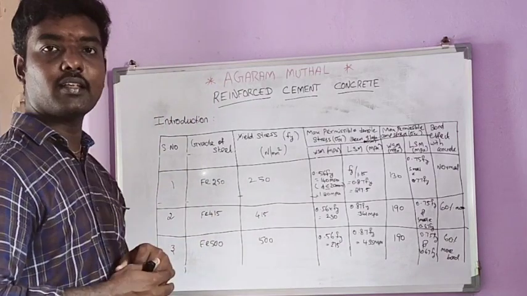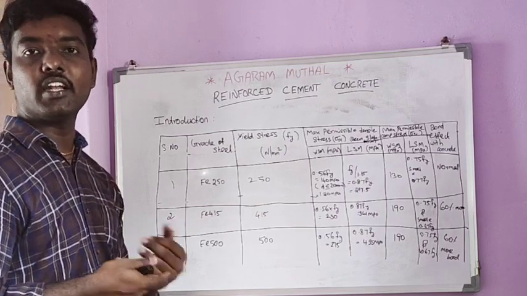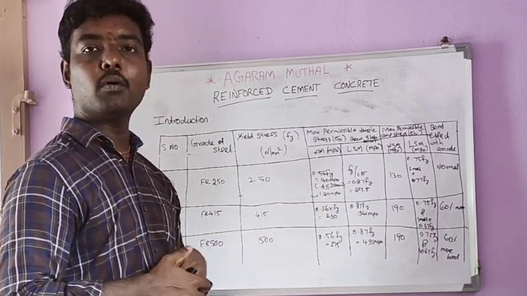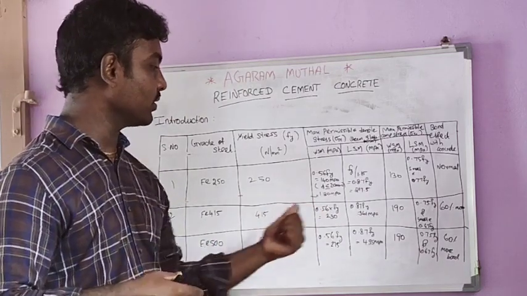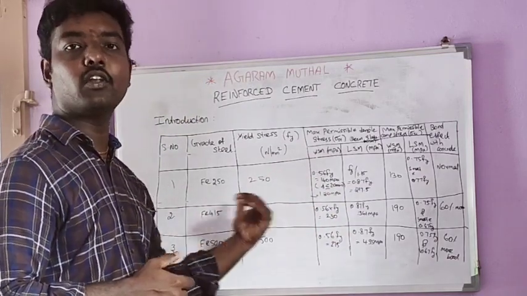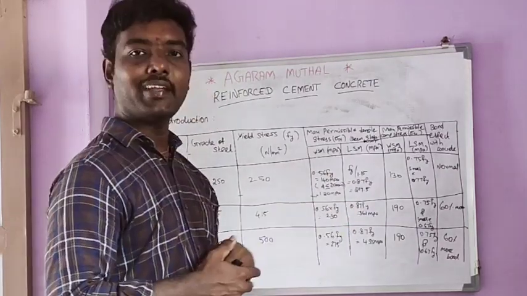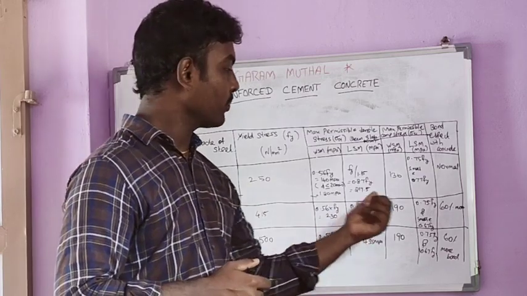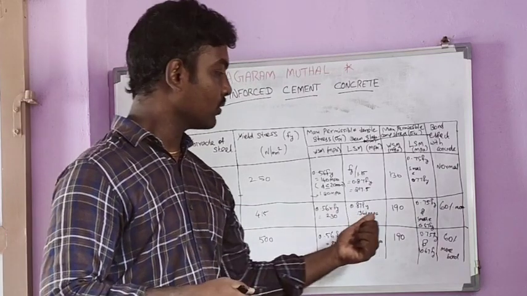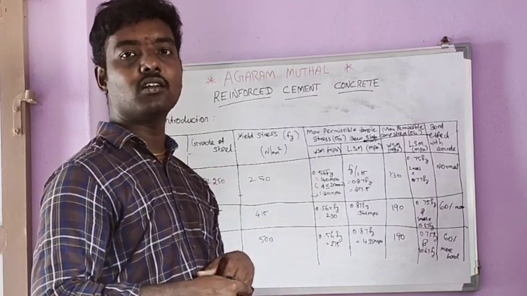But in the case of Fe415 HYSD bar, high yield strength deformed bar, the yield stress is 415, whereas the maximum permissible tensile stress is 0.56 times Fy, the same as in Fe250, and in the limit state method the same 0.87 times Fy. For maximum permissible compressive stress, it is 190 MPa for Fe415, whereas for Fe250 it is 130 MPa.